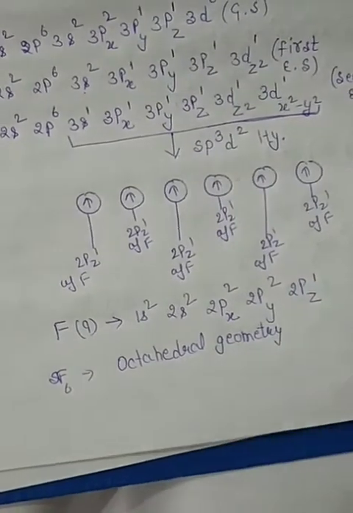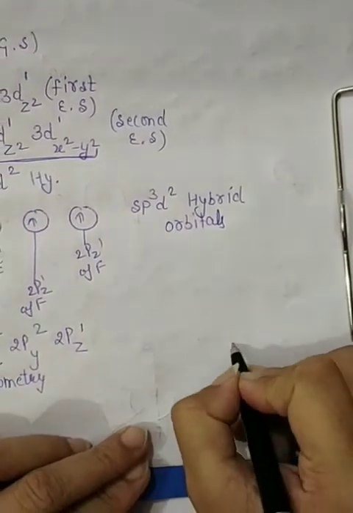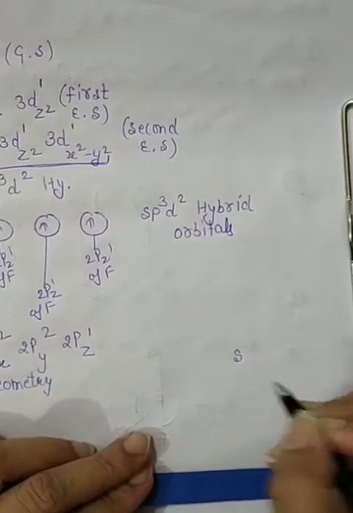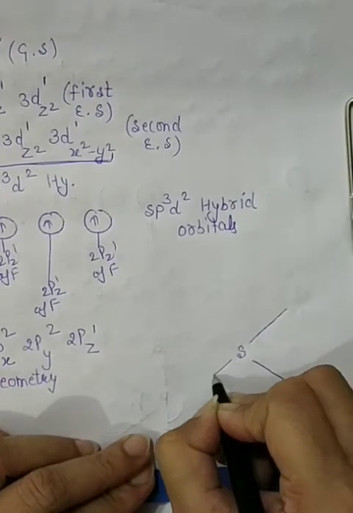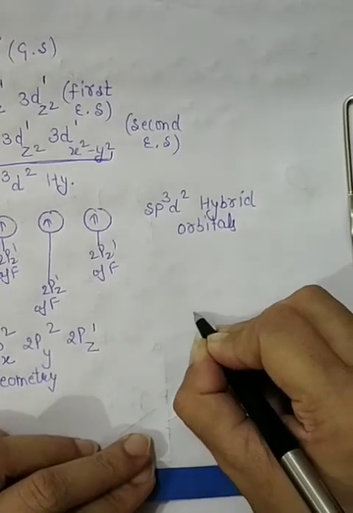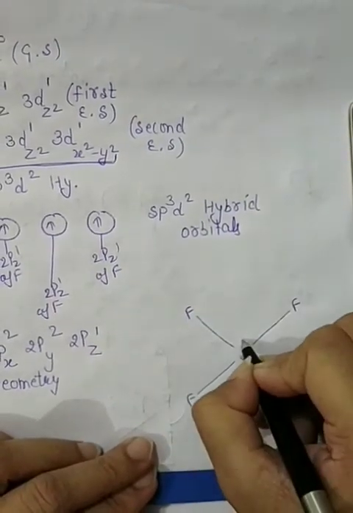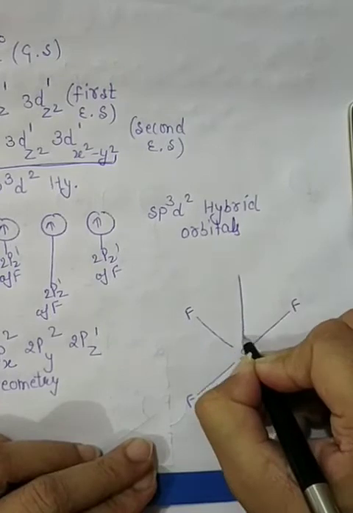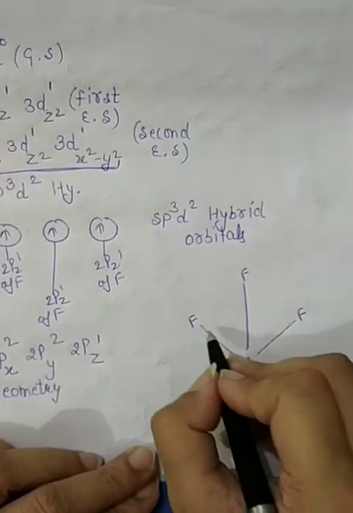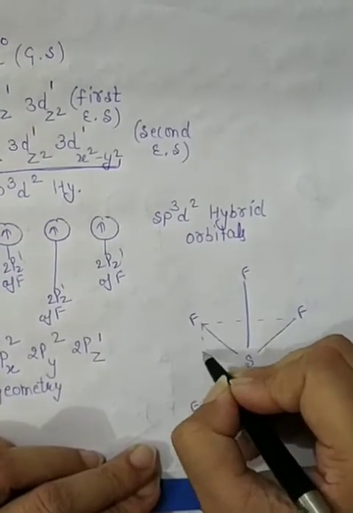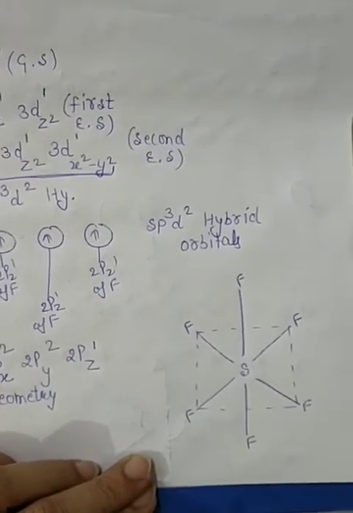Making its structure, the central atom sulfur is surrounded by 6 fluorine atoms positioned at the same distance from sulfur.